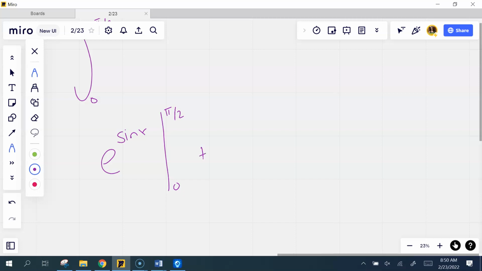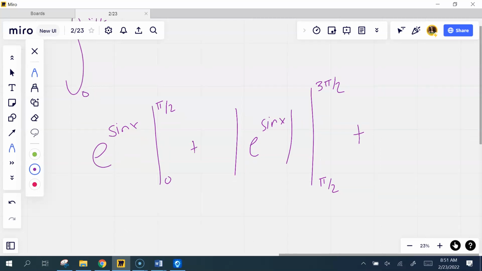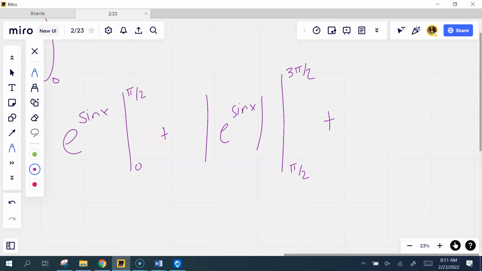Plus the absolute value of e to the sine x. This one is evaluated from pi over 2 to, is it 3 pi over 2? Plus e to the sine x evaluated from 3 pi over 2 to 2 pi.